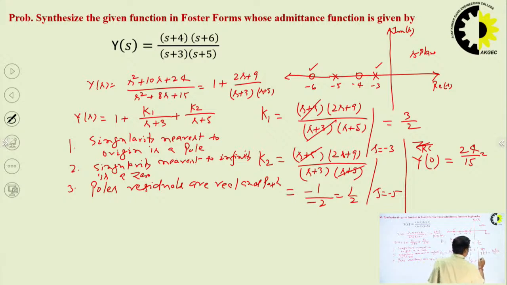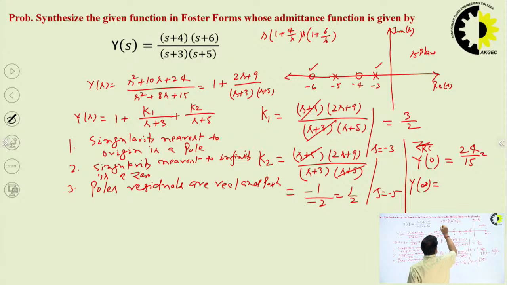And similarly, we can find the Y infinity. So how will we get it, just carry out s into (1 plus 4 by s), then s into (1 plus 6 by s) divided by s into (1 plus 3 by s) and s into (1 plus 5 by s).